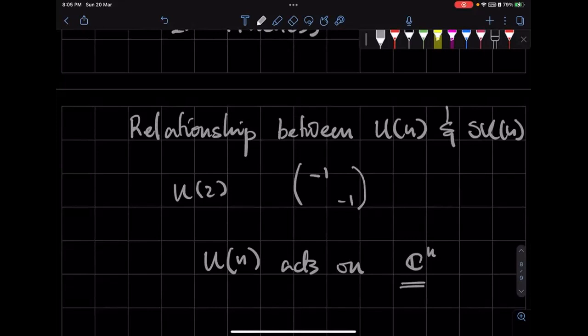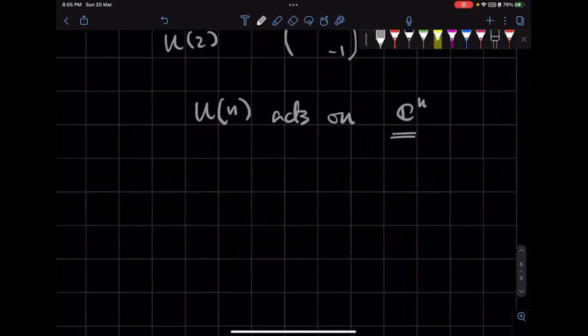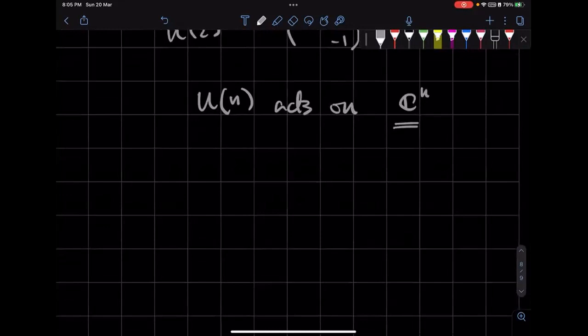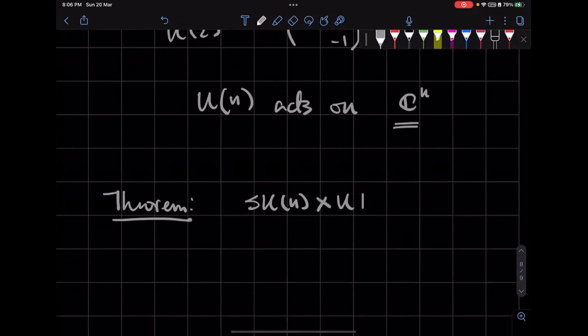Okay, let's figure out the relationship between UN and SUN. So the theorem is this. It's actually a very easy application of the first isomorphism theorem: if you take the direct product of SUN and U1, and divide it by Z of N, that is isomorphic to UN.